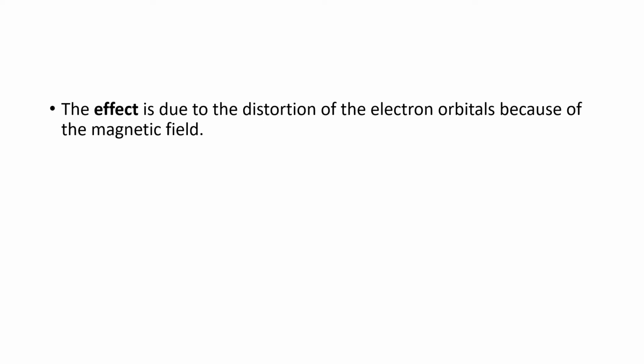We have discussed this in detail in the last class. In the presence of a magnetic field, the electron orbits are distorted, and this distortion gives rise to the splitting of spectral lines.